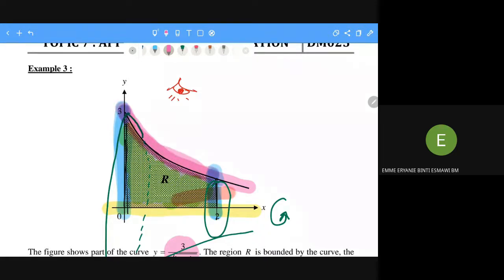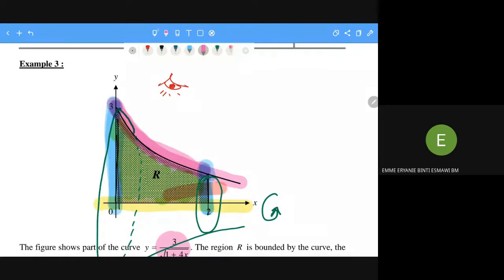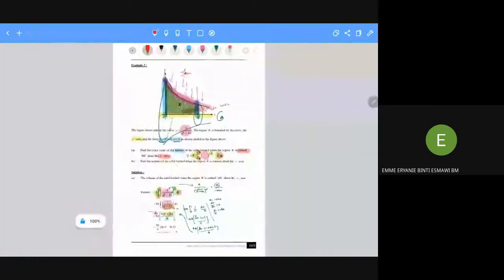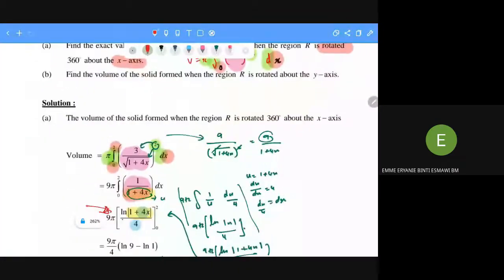Satu je function daripada 0 until 2 ni. Yang tepi ni tak payah tengok sebab tepi ni tak ada lorek. Tengok sampai dekat sini je. Sampai 0 until 2. Okay, so there's only one function. That's why kita just interpret that one function.